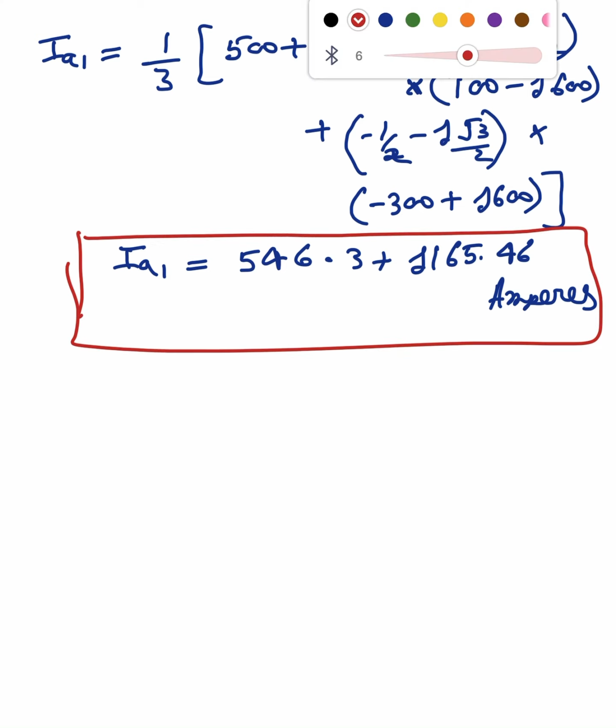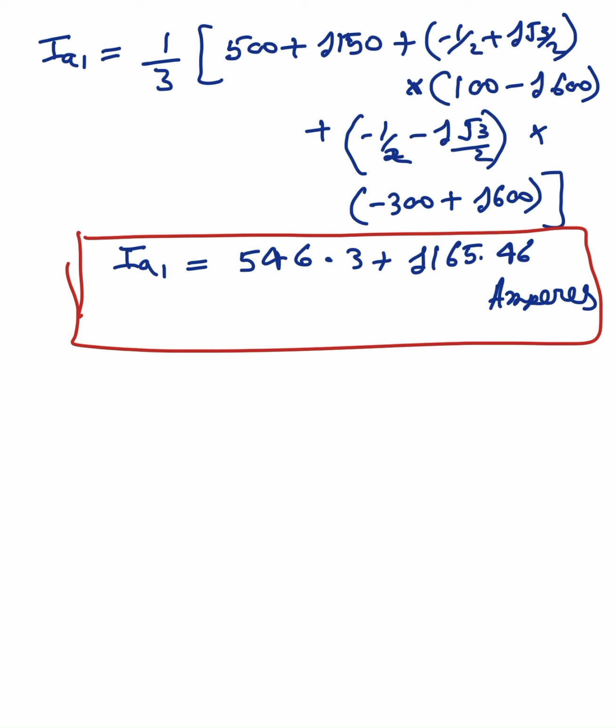Now move to the negative sequence current, IA2, which is equal to 1 upon 3 times IA plus alpha square IB plus alpha IC.